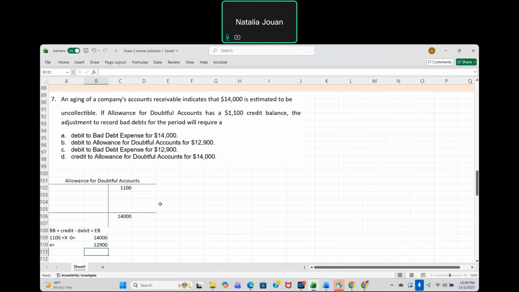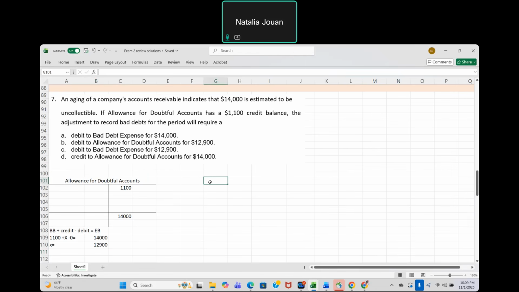Right, so now what do we want here? We need to make an adjusting entry. We are expensing, we are not writing off. The adjusting entry is the expensing at the end of the period. So this is an expense. What do we do with expenses? We debit expenses.